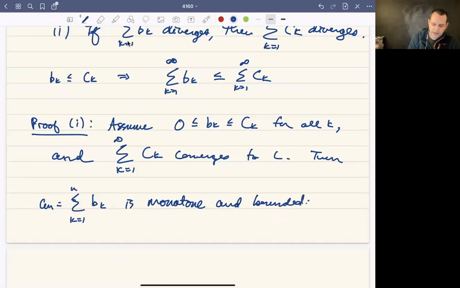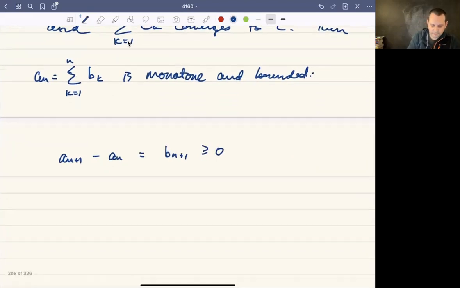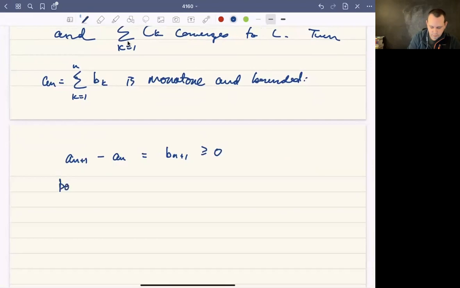It's monotone because a sub n plus 1 minus a sub n is equal to b sub n plus 1, which is greater than or equal to 0, because we're assuming all the terms are greater than or equal to 0. It's bounded because a sub n is less than or equal to L.